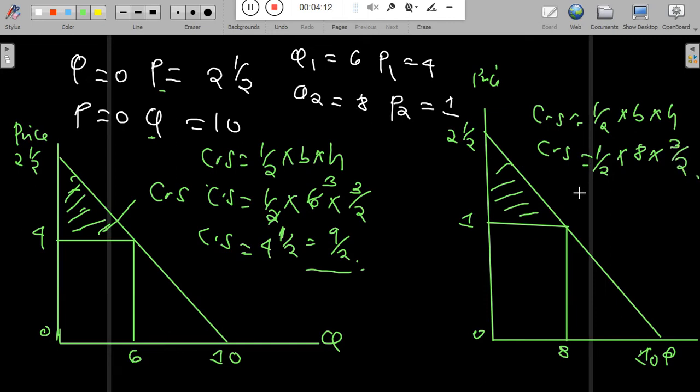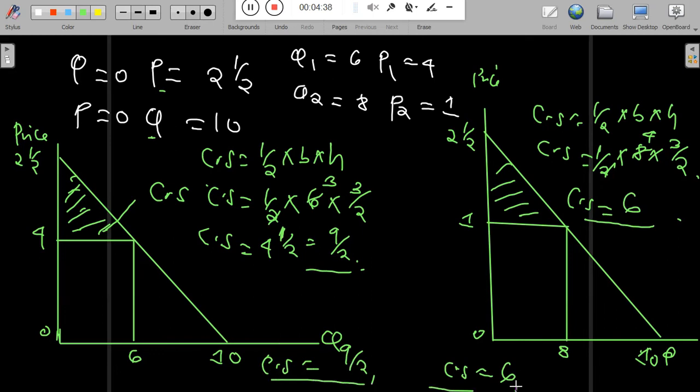So 2 will cancel with 8, and our consumer surplus will be equal to 4 times 3/2. This will give you 6. So the consumer surplus is equal to 6. So here we have 9/2, and there we have 6.